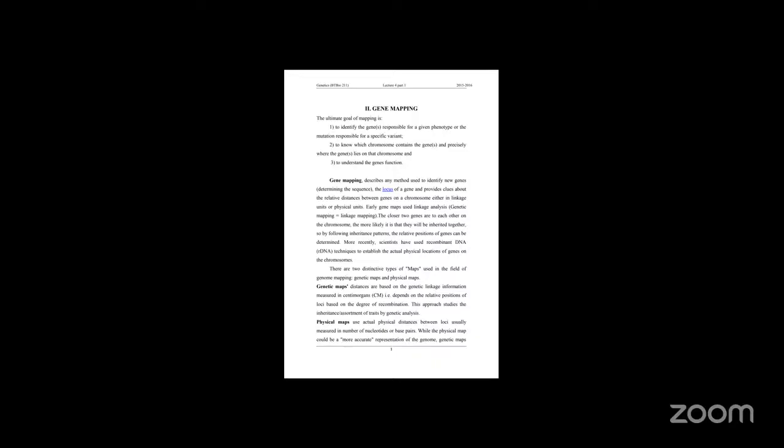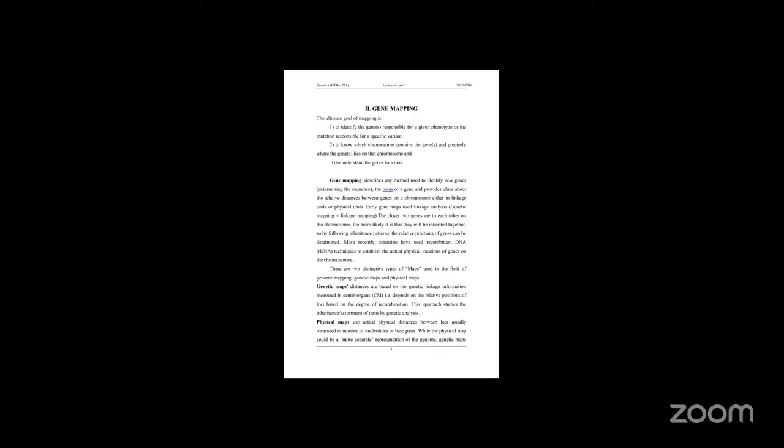Those distinctive maps are of two types. They are called the genetic maps as well as the physical maps. Genetic maps are the distances based on the genetic linkage information, and it is measured in centimorgans, that is cM. It depends on the relative position of the loci based on the degree of recombination.